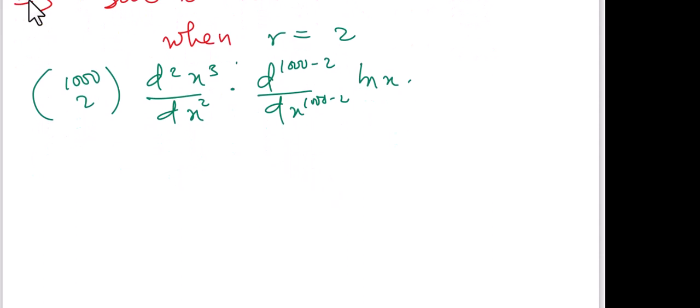So differentiating this one 2 times, and 1000 combination 2 is 499,500.